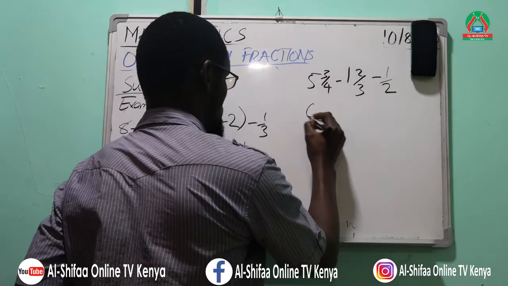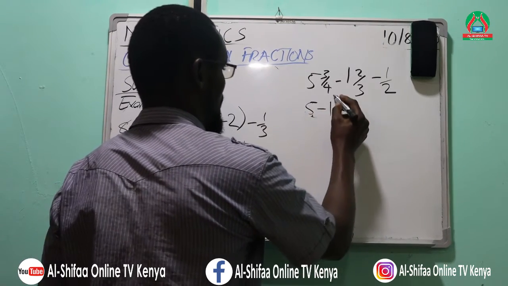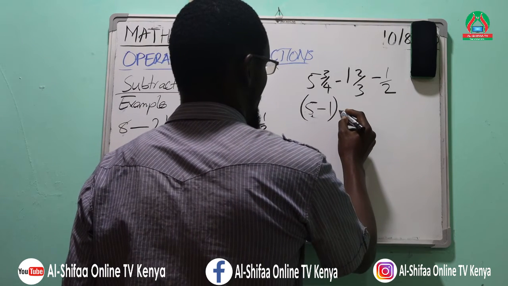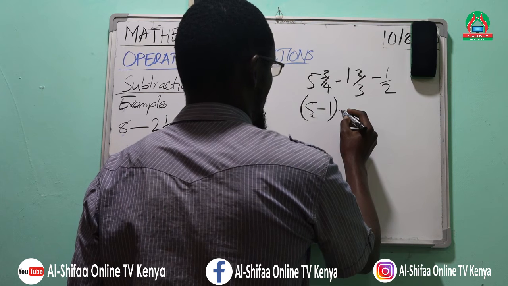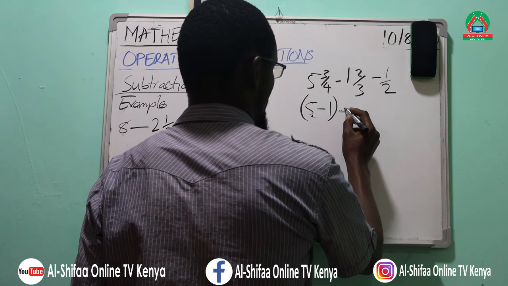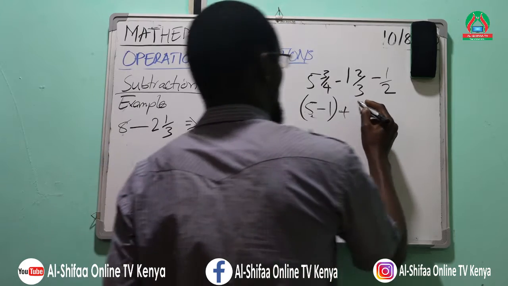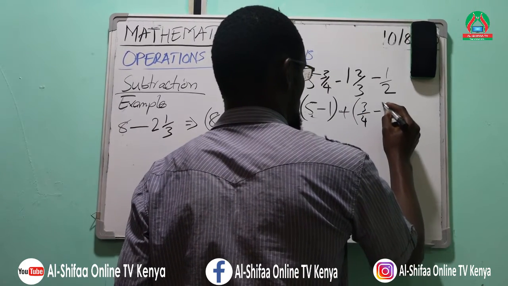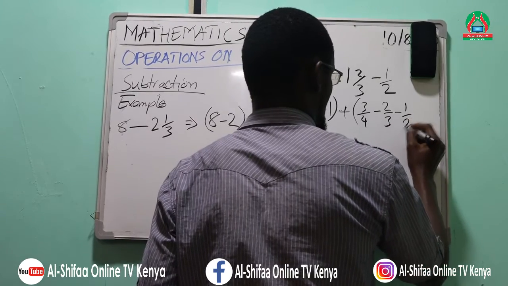So it will be 5 minus 1 into bracket plus 3/4 minus 2/3 minus a half.